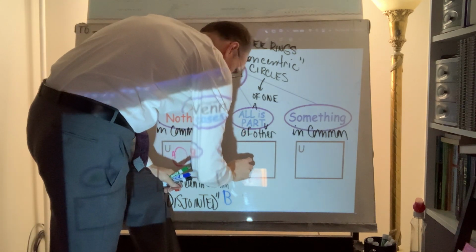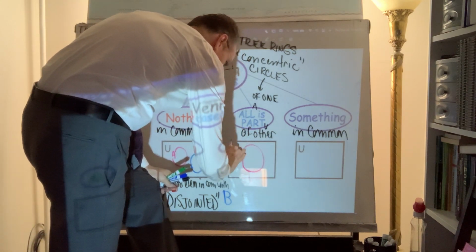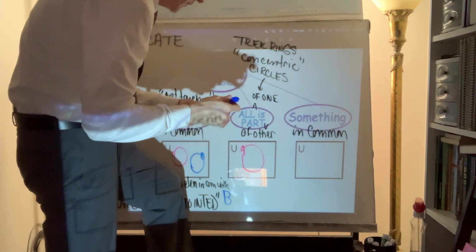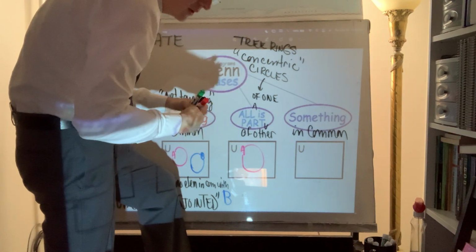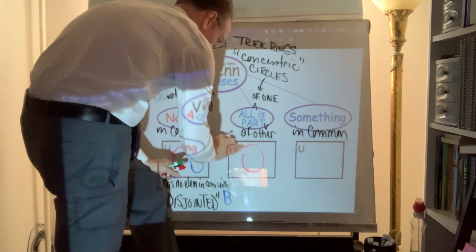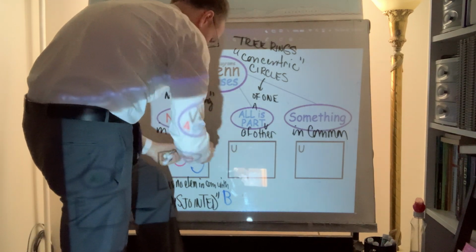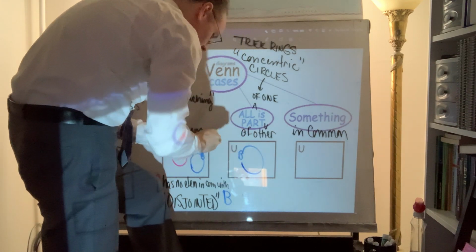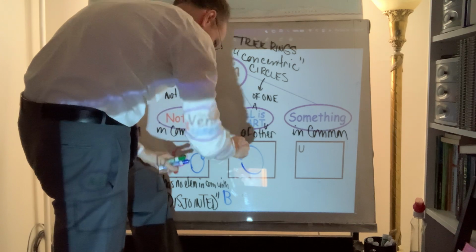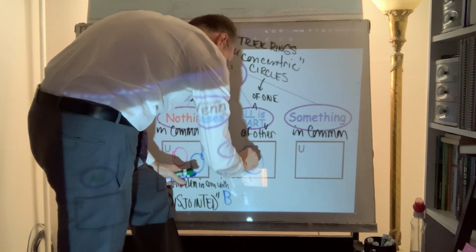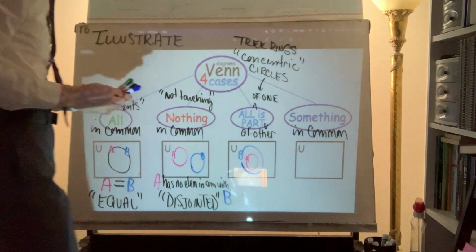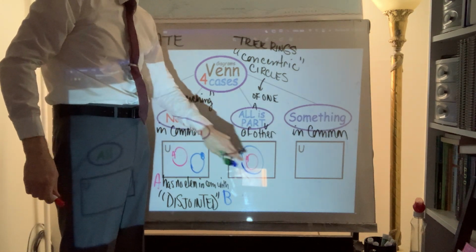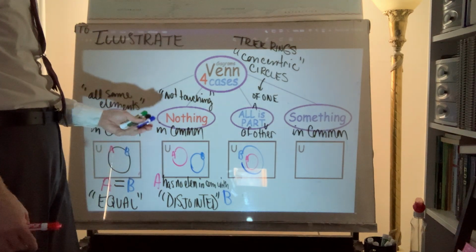Actually, I'm going to do it the other way. B, I'll make the outer ring. Doesn't have to be, but I have a preference for that. And then you'll see a smaller circle designated A, completely eclipsed by it, one inside the other.